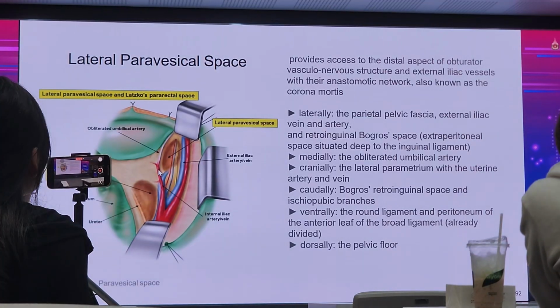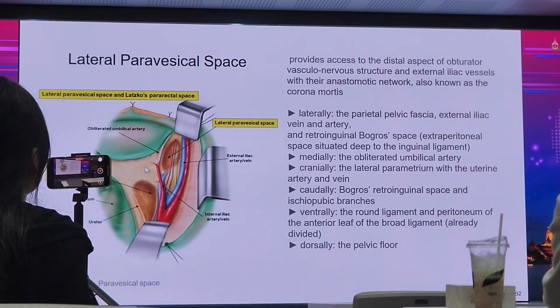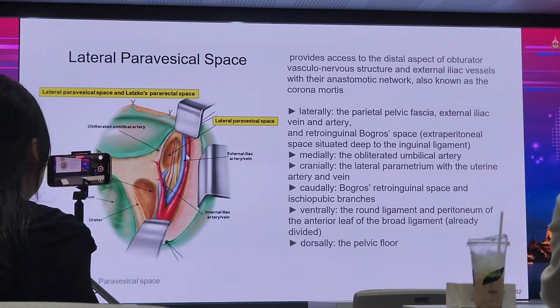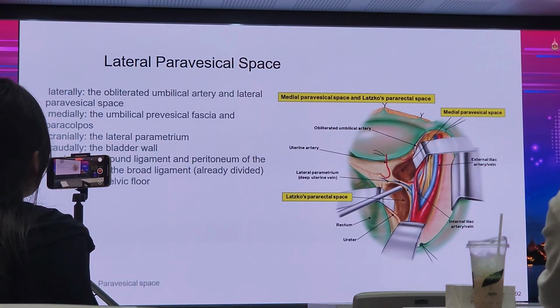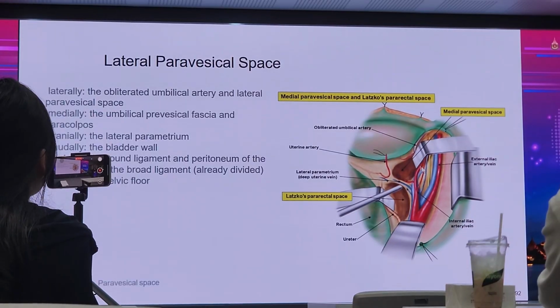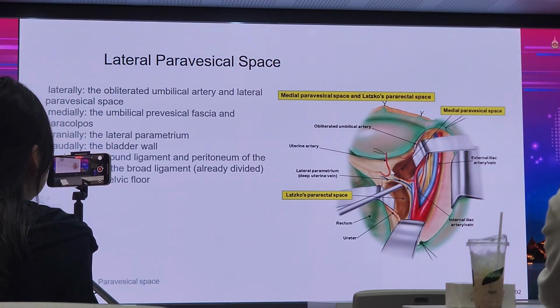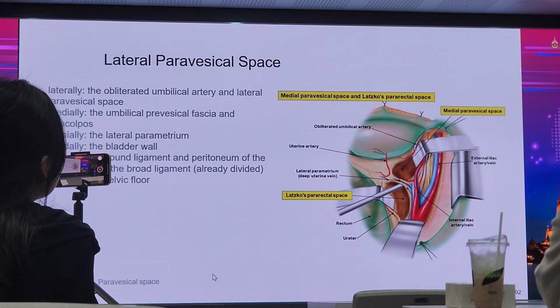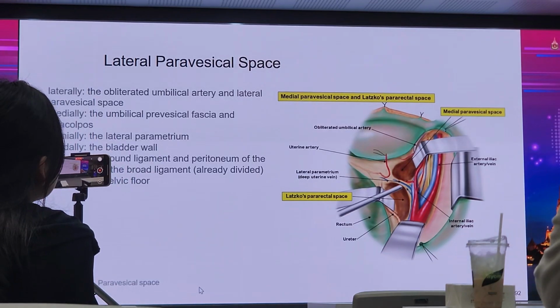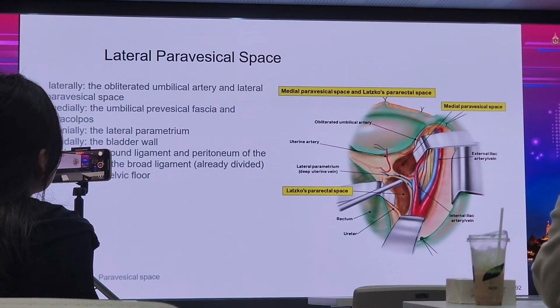After you have the lateral paravesical spaces, you can now push the obliterated umbilical artery laterally, and there you will find the medial paravesical spaces inside. By developing this space, you can identify more easily the uterine artery and vein and the cardinal ligament. And this is very useful for radical hysterectomy.